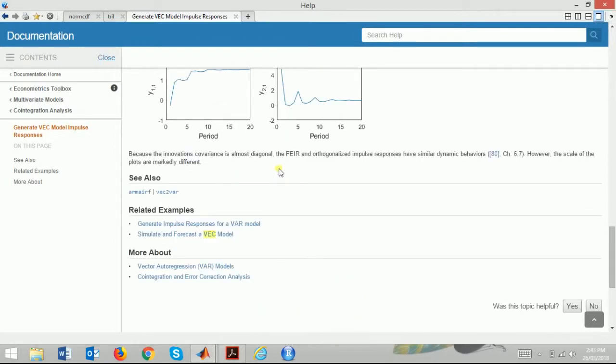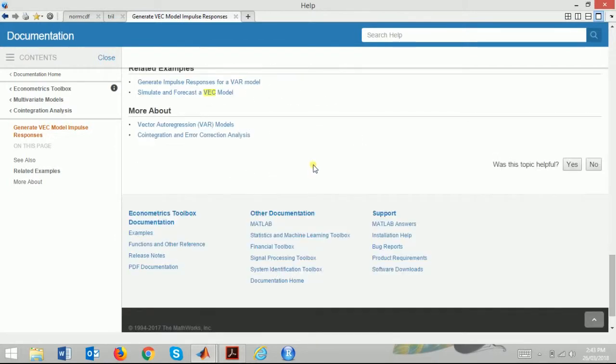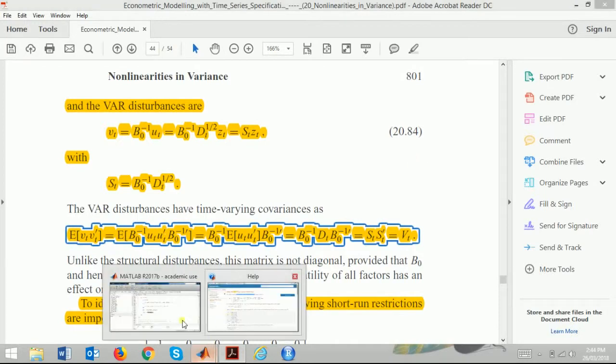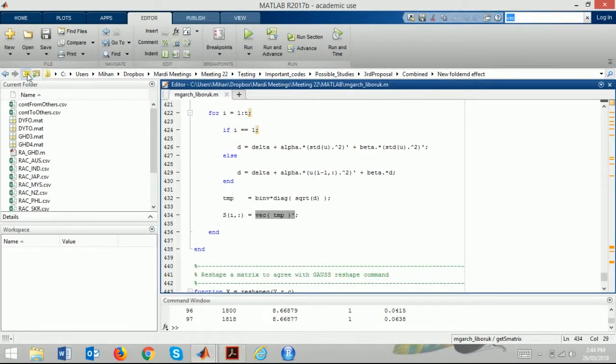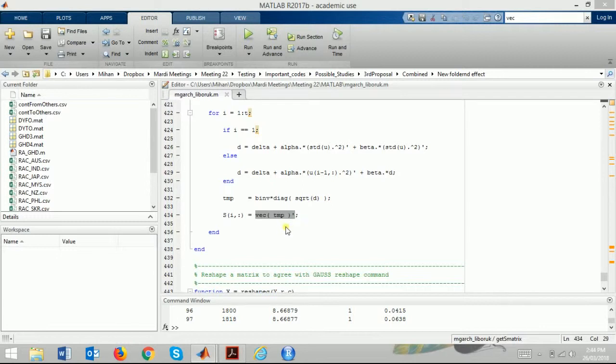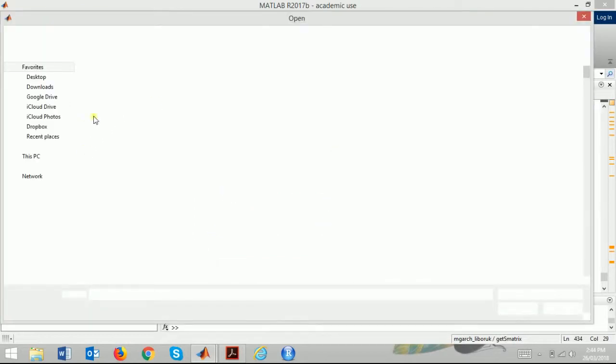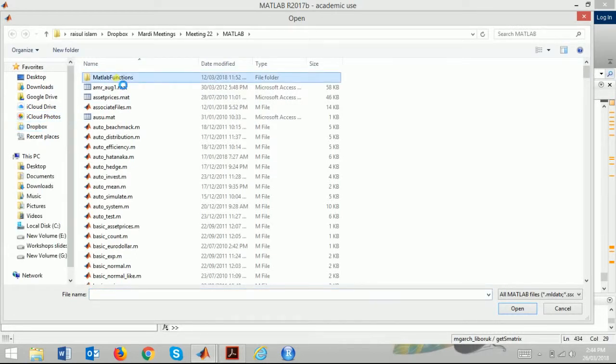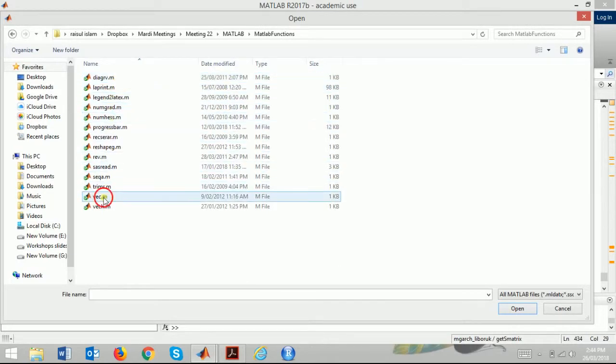In other words, generate impulse responses from vector error correction model. So this is Vic. Yeah, we can check though. Impulse responses are being generated from the Vic model. There you go.